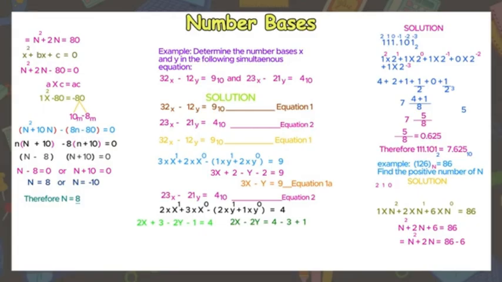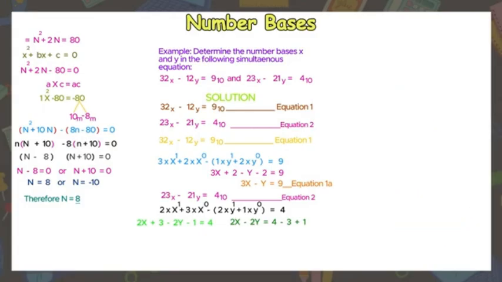This one is positive here, it becomes a negative. Minus 3 plus 1. That means we are going to have 2x minus 2y equals 4 minus 3. That is 1. 1 plus 1, 2. We are going to have 2x plus 2y equal to 2.